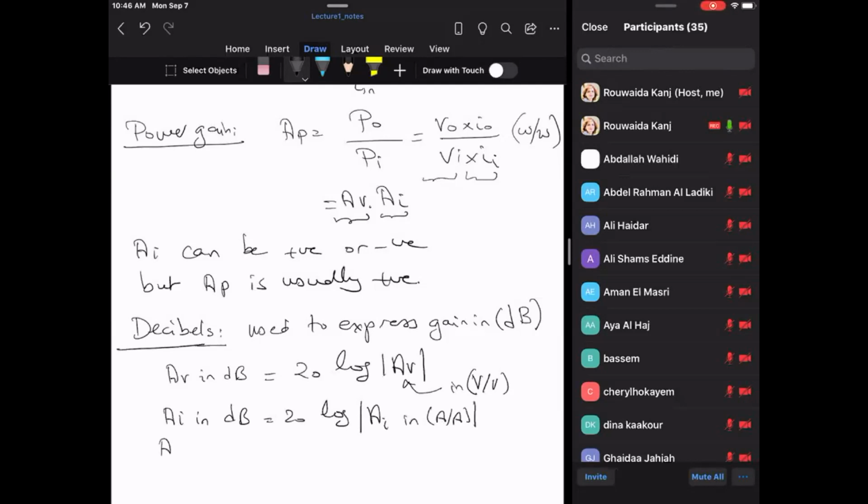And for AP, the power, in dB it is 10 log of the absolute value of AP in watts per watt. The log is base 10, so all the logs are base 10.